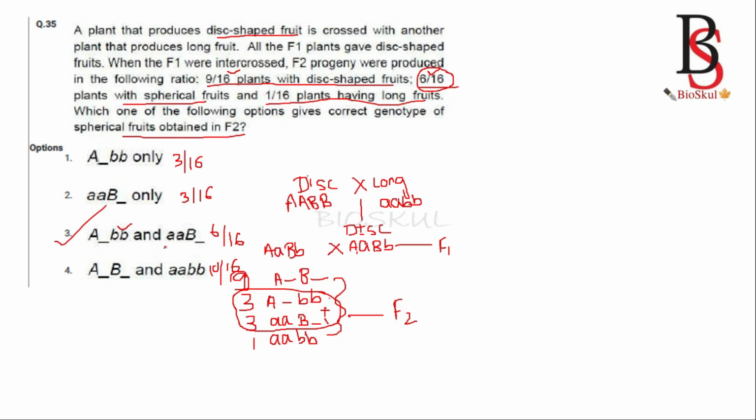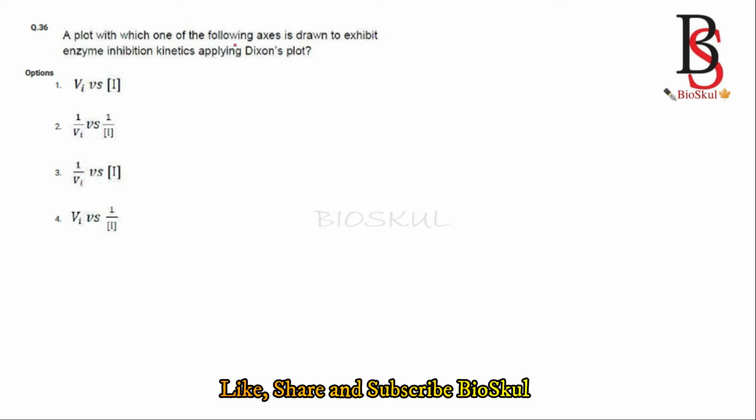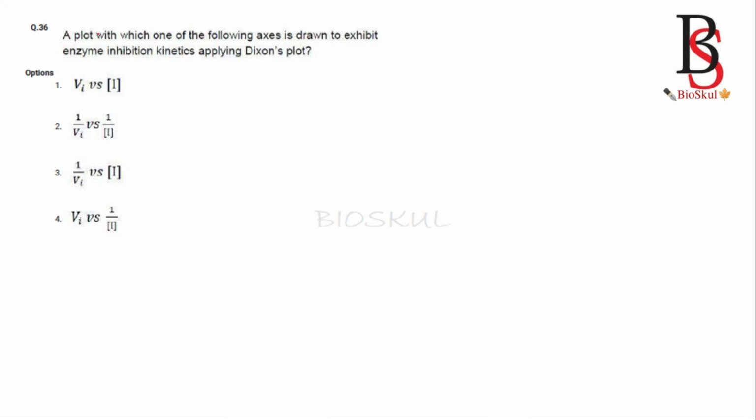This question is a little confusing but it's a simple one. Okay. Next question. A plot with which one of the following axes is drawn to exhibit enzyme inhibition kinetics by applying Dixon's plot? So it is asking about the Dixon plot. So what is the Dixon plot?